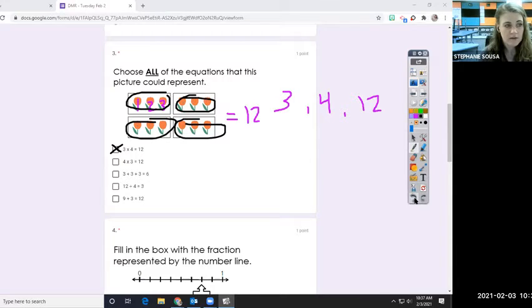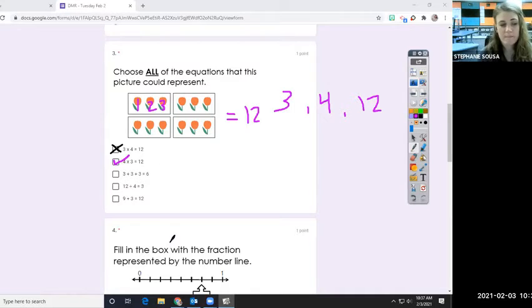Yay. 4 groups of 3 is correct. 3 plus 3 plus 3 equals 6. Come on, y'all. That's just bad math. 12 divided by 4 equals 3. There are 12 flowers. They are divided into 4 groups. There are 3 flowers in each group. So this is a yay.